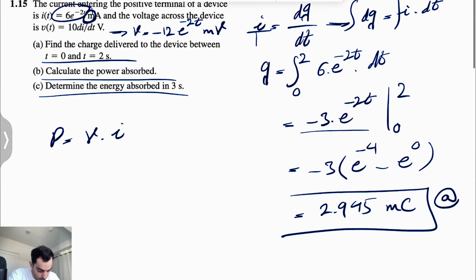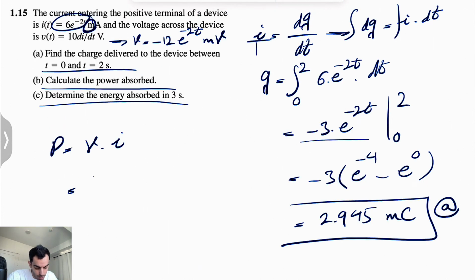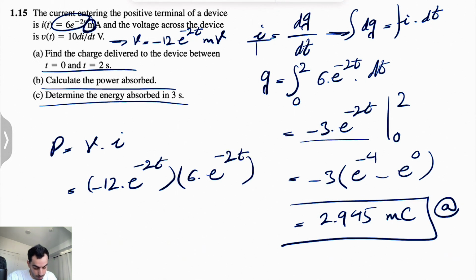So that's pretty easy. You just have to multiply these two. Actually, we just need to find the general expression. We don't have any specific time point, so basically minus 12e to the power of minus 2t times our current 6e to the minus 2t, and we have milliamps times millivolts.